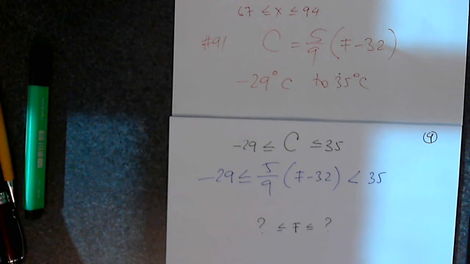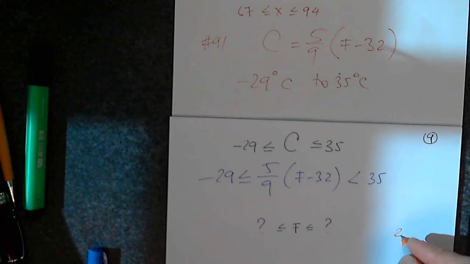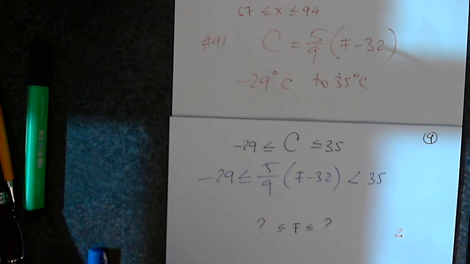And this is very important now, to know what to do with that 5/9, which we did when we started today with those fractions. So I really want to get rid of 5/9. So what should I do to all 3 sides, because it's a compound inequality, in order to eliminate that 5/9? Careful. So if I want to get rid of 2, multiplying by 2 will not eliminate 2.